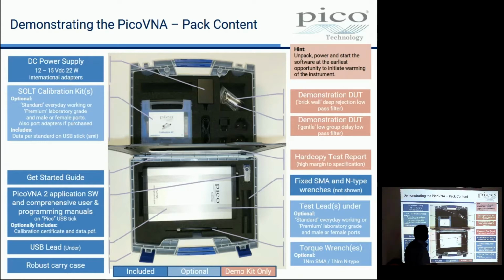So what I show here, this is how it arrives. It arrives in a very nice case. Chris Lowe has introduced for me a very nice new case for the product. Don't have one in here with me, which was a bit of a mistake, but there you go. Very nice case. There's the product. Here's the cal kit, power supply with all the adapters.